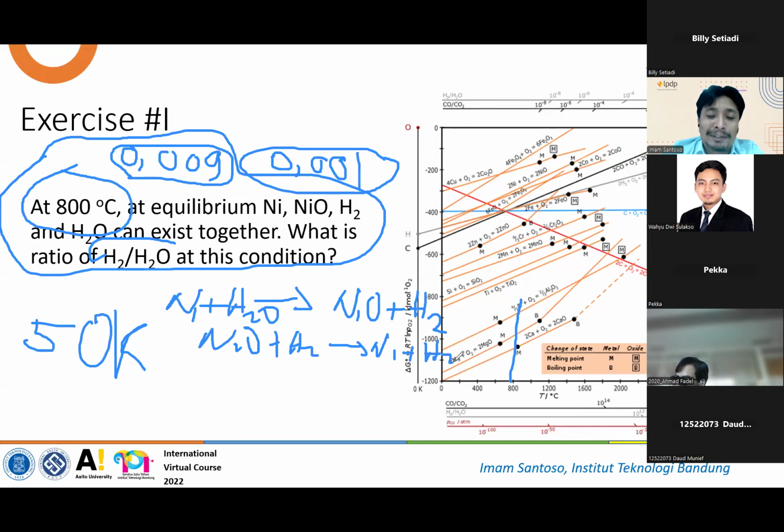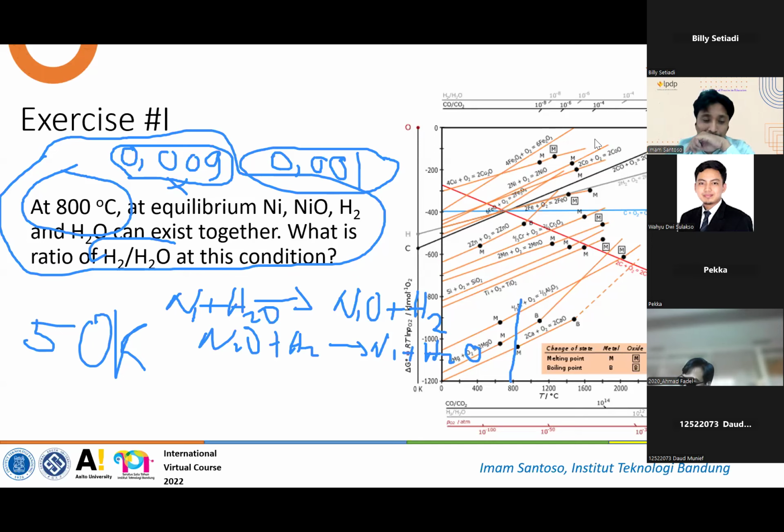Which one will happen? You say that the ratio is 0.009. This is not in equilibrium, then a reaction will happen, because it is not equal, something needs to happen. Which reaction do you think will occur? First one or second one?